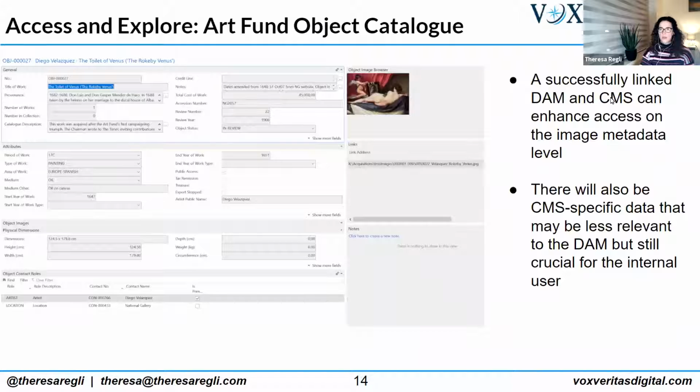Here's an example of what the object actually looks like in a catalog at the Art Fund, one of my clients. And you can see here the details. Again, a lot of very rich metadata that isn't really the kind of thing you tend to import into a DAM for marketing and publishing purposes. But this is part of what you have to decide.